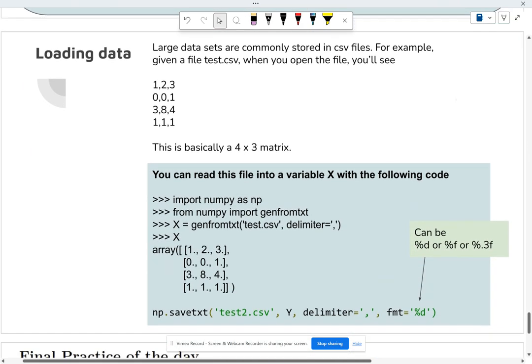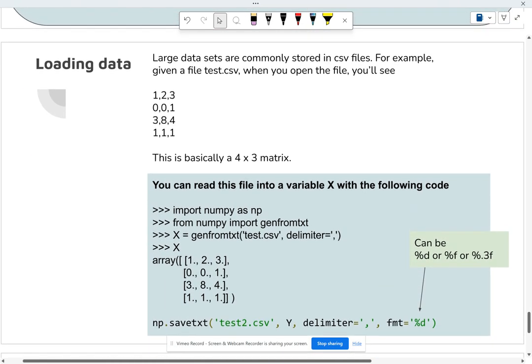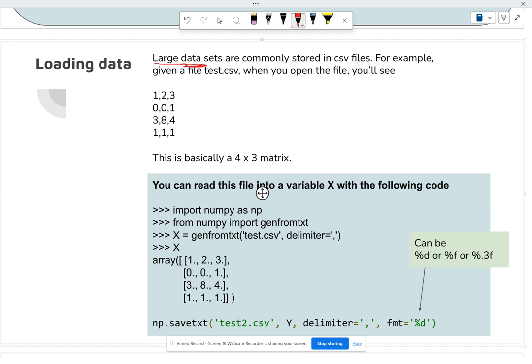Okay, now I'm going to change the topic away from norm and talk a little bit about data loading. When you are working on something useful, when we have large data sets, they're normally stored in files. These files are called CSV files.